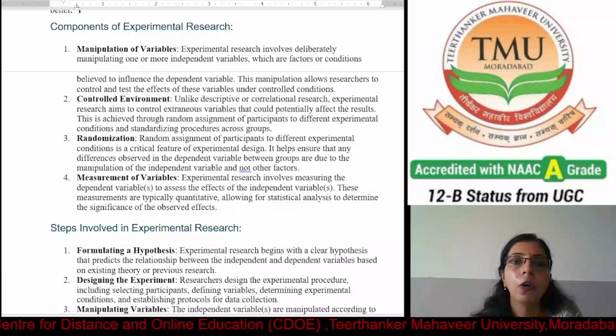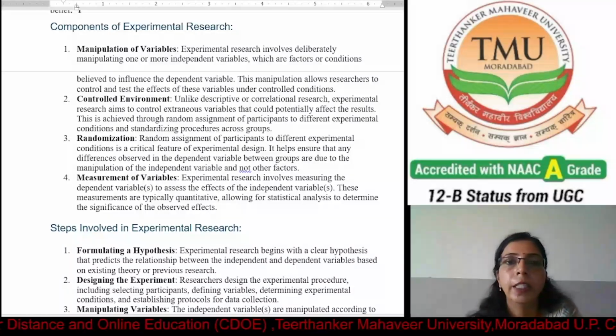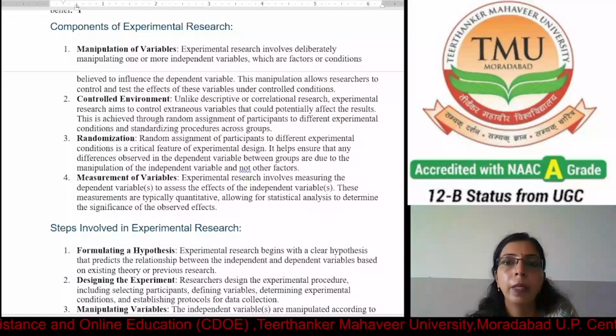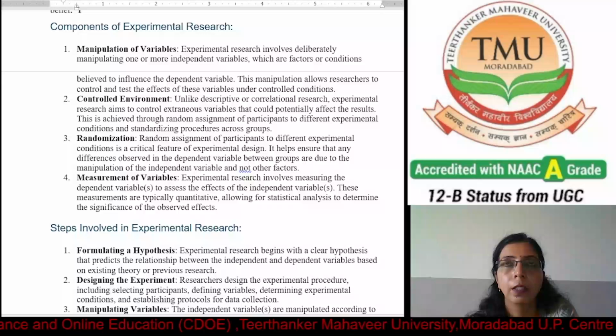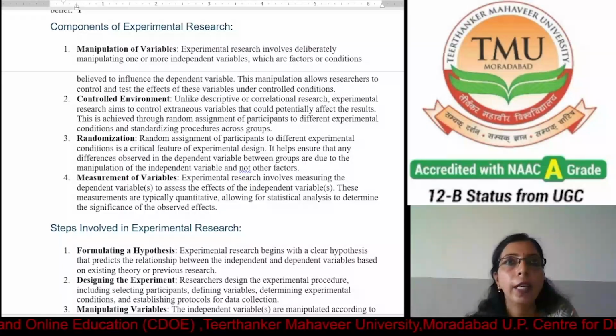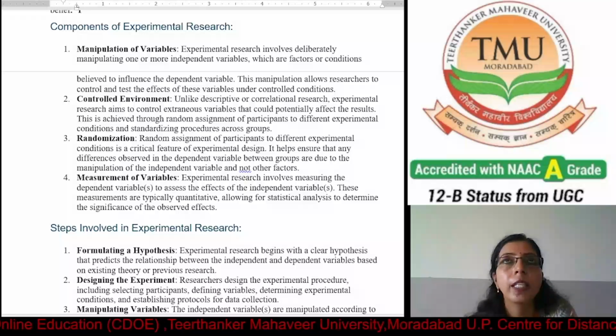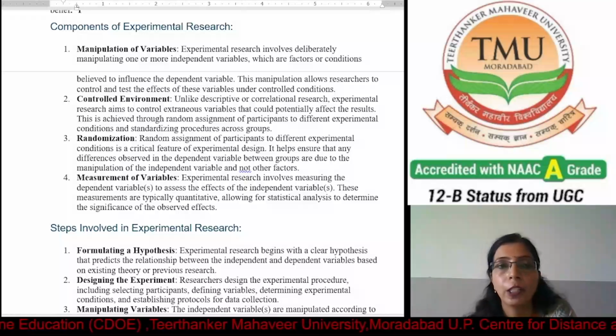Putting a check or control on the factors that give rise to error can minimize error variance in our research work.